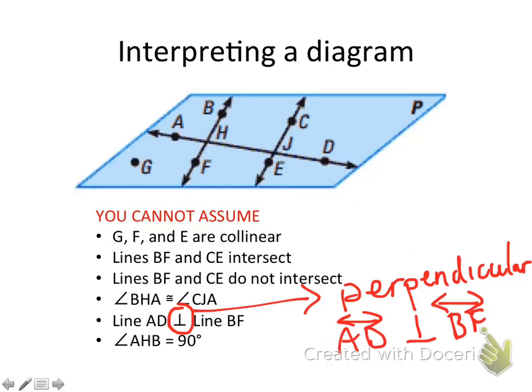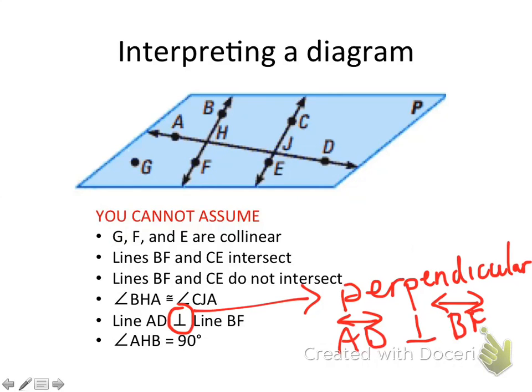Angle AHB is not 90 degrees, because if it was, they would have told us either that those two lines were perpendicular, or they would have put the box right there. Since they didn't put the box, you can assume those are not perpendicular. So like I said before, don't trust the picture, don't trust the picture, don't trust the picture.